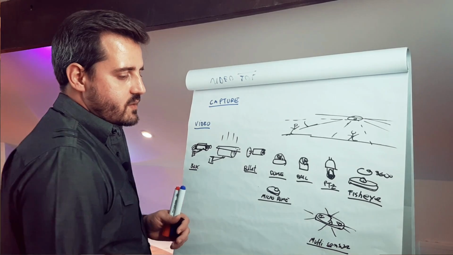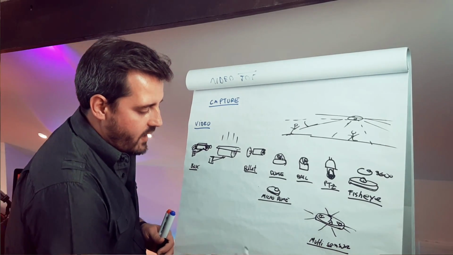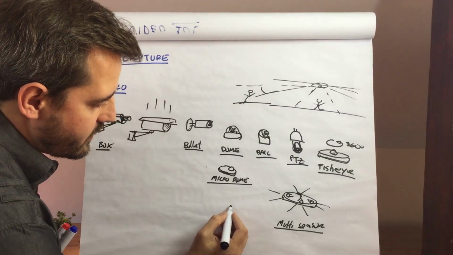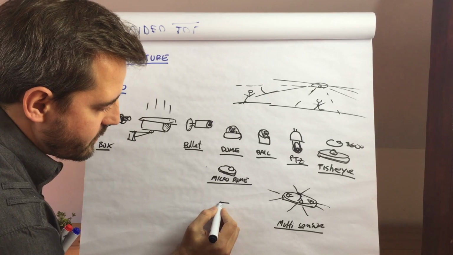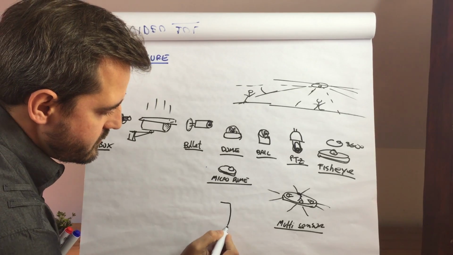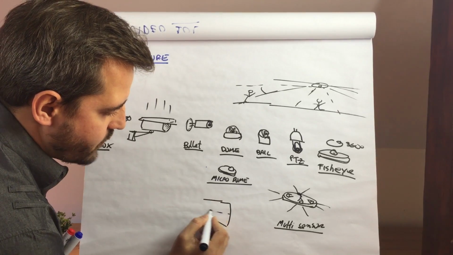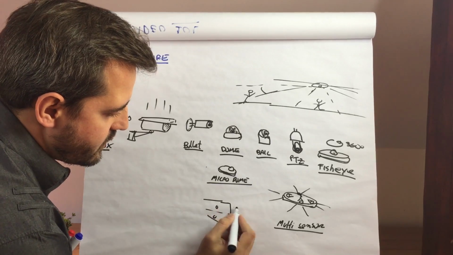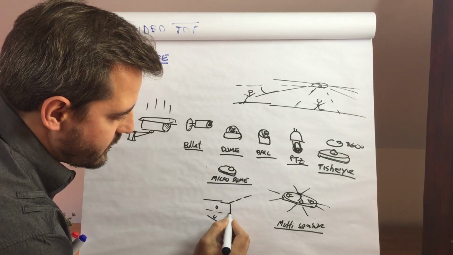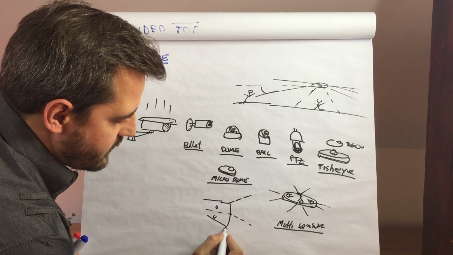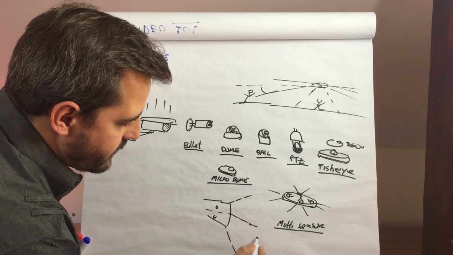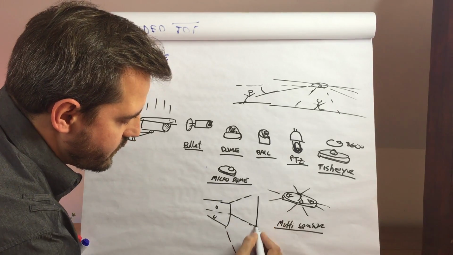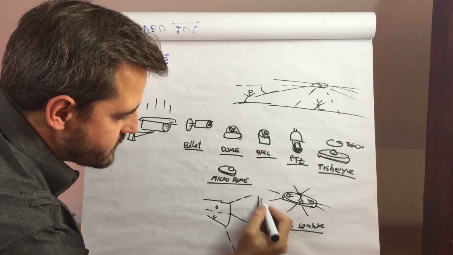And this multi-sensor basically does this. It will combine. So let's assume that we have 2 sensors, and this one is capturing here, and this other one is capturing here.